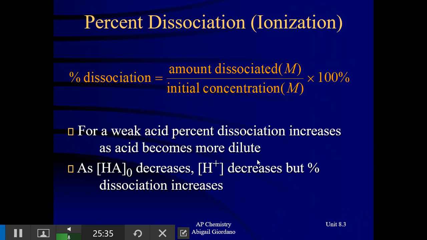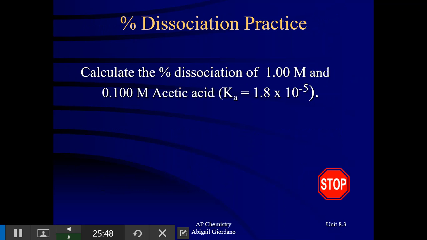Okay, now there's two statements here that I'm going to hold off on. I'm going to come back and address them in just a little bit. I want to have some numbers in front of us before I talk about this concept. So we're going to look at this question together, and then there's a second one below that I want you to do on your own.